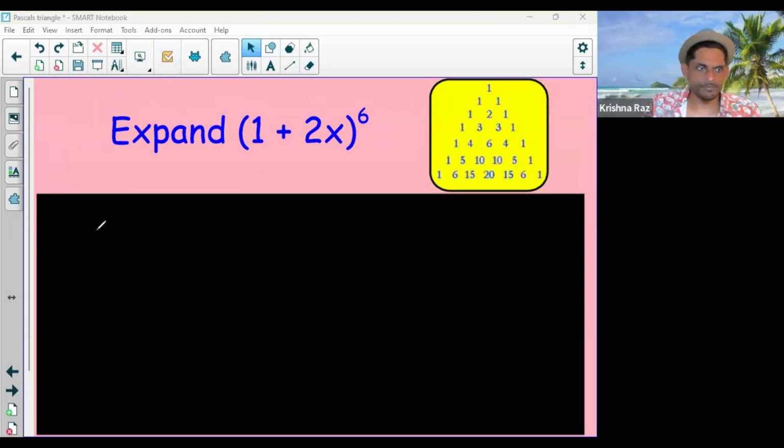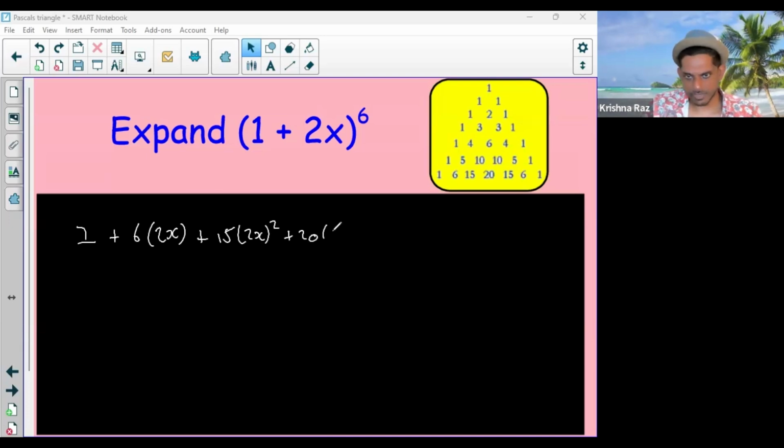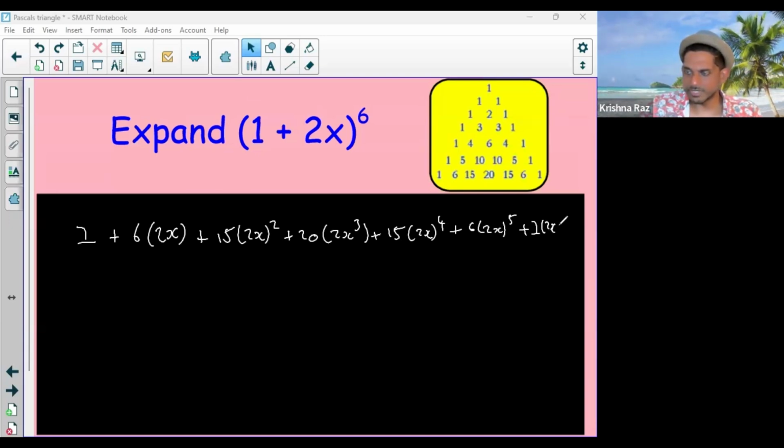So this time, what will happen is, I'll still use the same coefficients from Pascal's triangle, 6, but this time I've got 6 lots of 2x to the power of 1, plus 15 lots of 2x to the power of 2, plus 20 lots of 2x to the power of 3, 15 2x to the power of 4, 6 2x to the power of 5, and 1 lot of 2x to the power of 6.